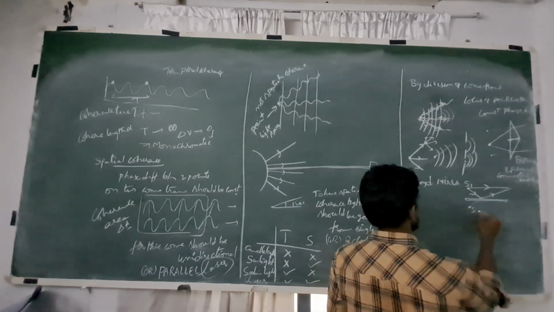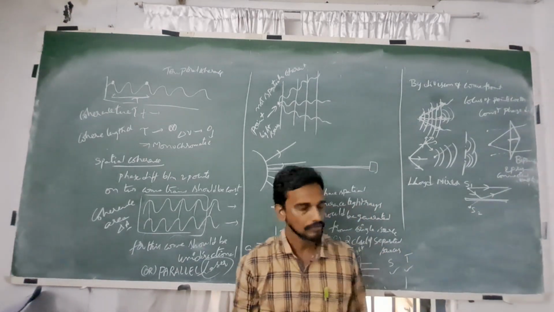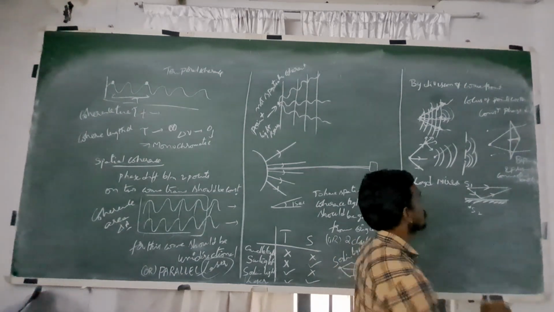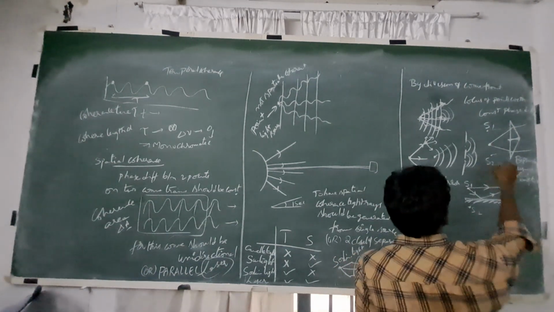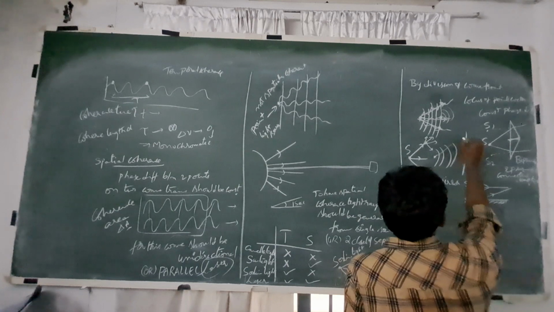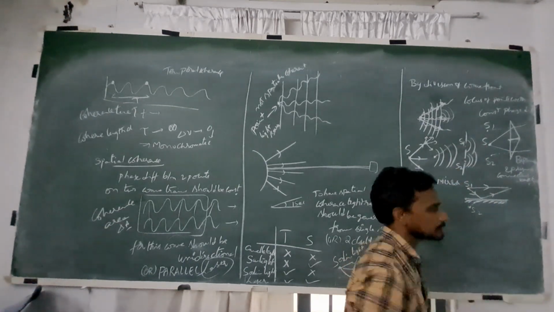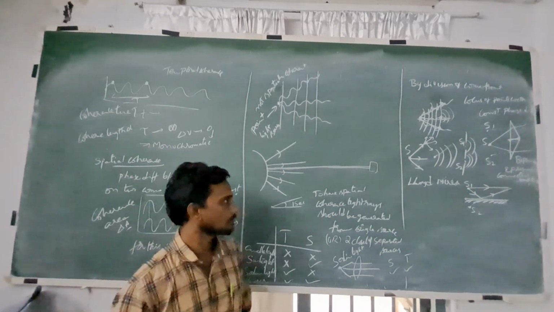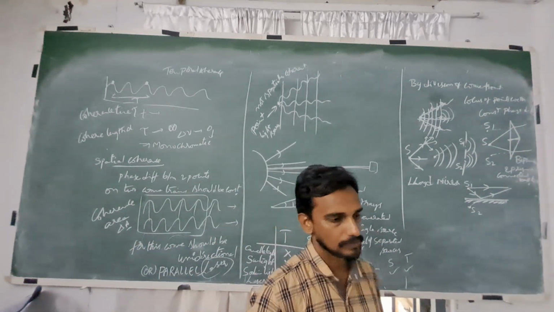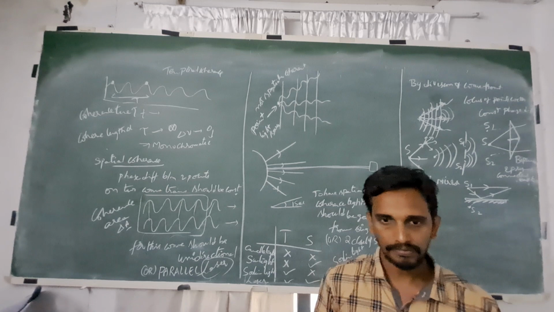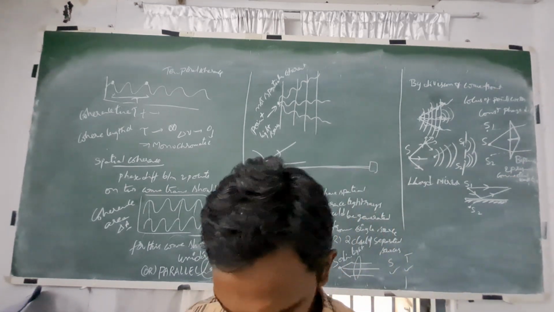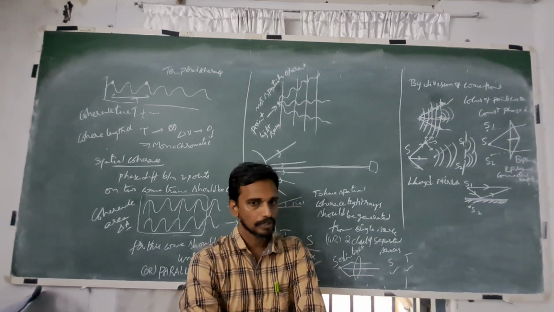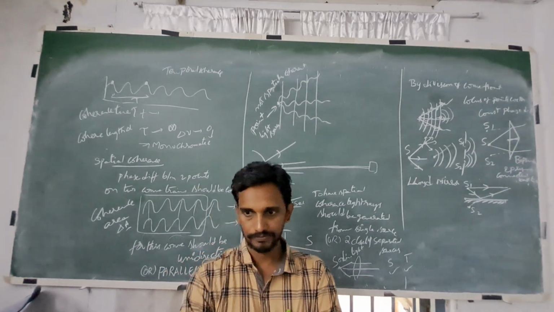So this is S1, this is S2. This is a mirror. So here S1, S2, this is the actual source. This is S, S1, S2. So we are able to generate two coherent sources from a single source by division of wavefront.